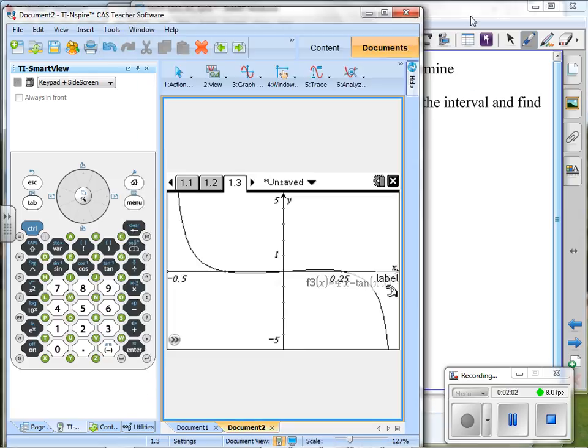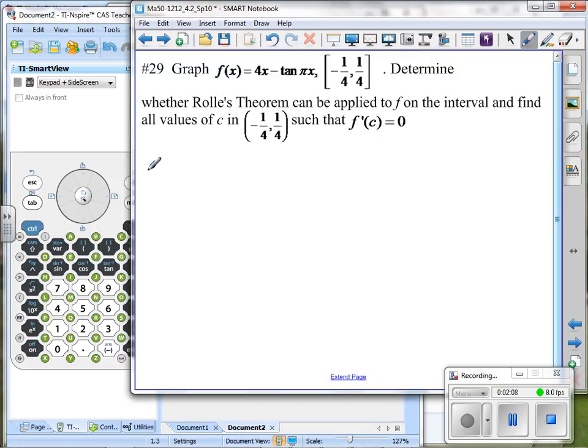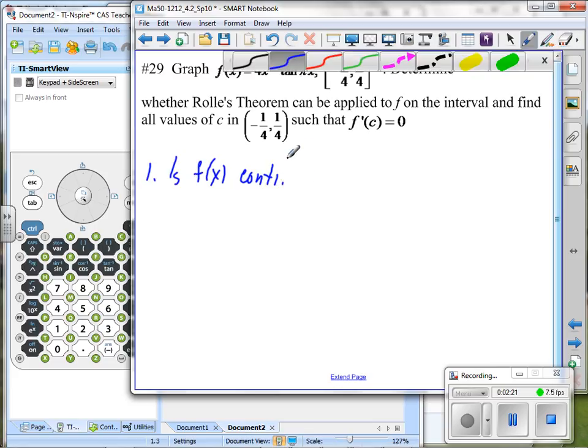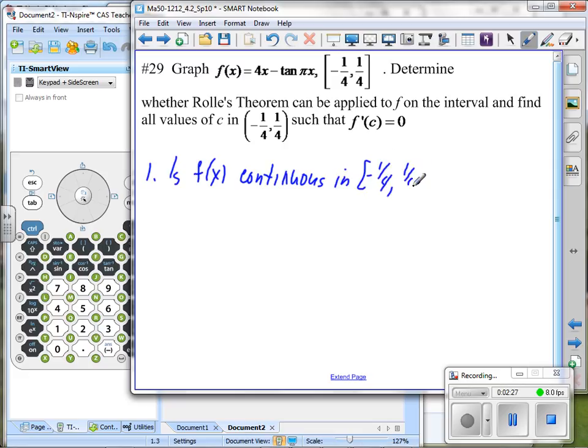Well, the first thing we have to talk about is whether f of x is continuous. Now with tangent, I need to be concerned with that tangent, don't I?